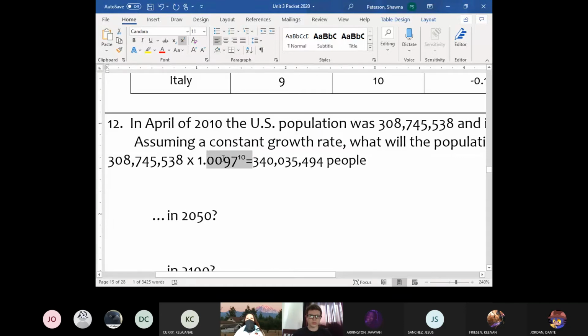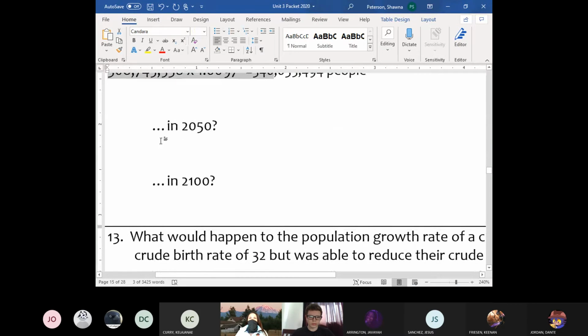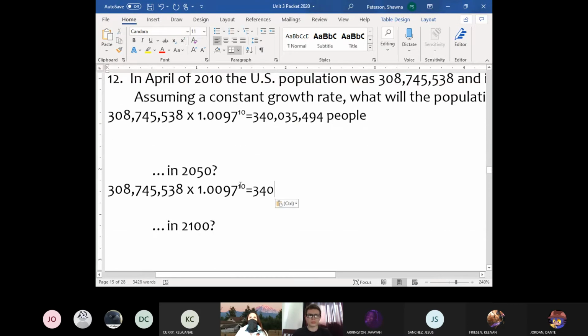So I'm going to just copy and paste so I don't have to type this out again. All right, in 2050 though, my years is going to change. What are my years going to change to? From 2010 to 2050, 40.